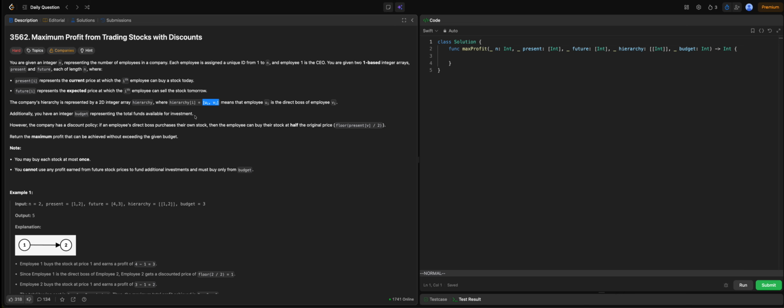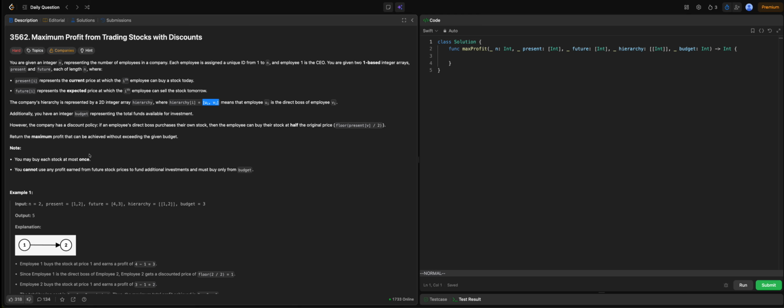However, we have a company discount policy: if the employee's direct boss purchased the stock, then the employee can buy their stock at half of the original price. So we need to floor it for the employee if the manager purchased the stock at the original price. We have to return the maximum profit that can be achieved without exceeding the given budget.